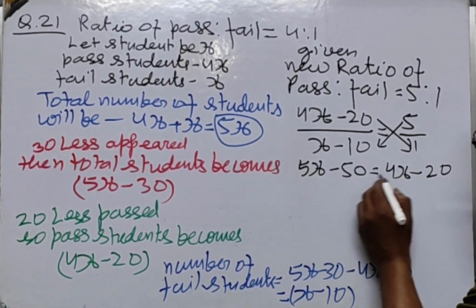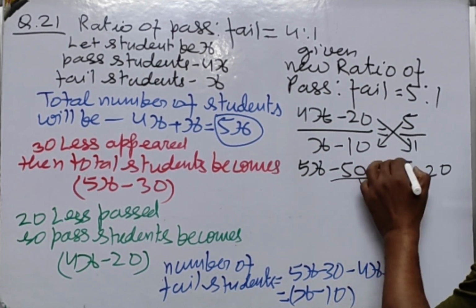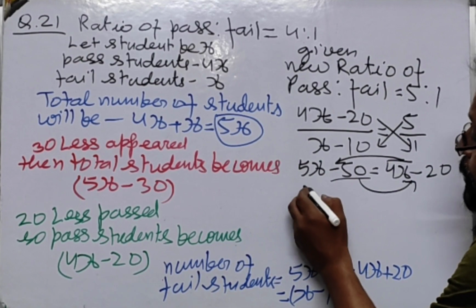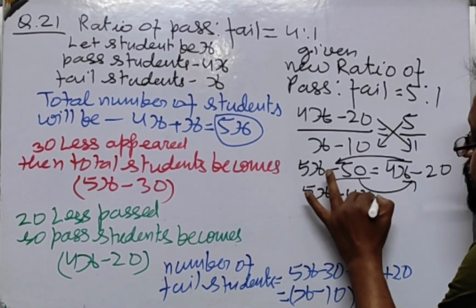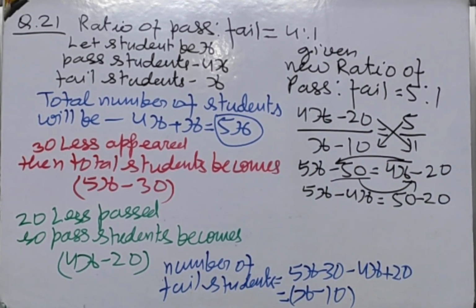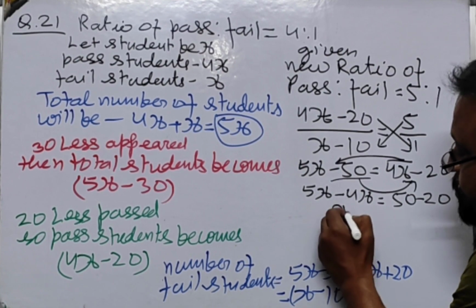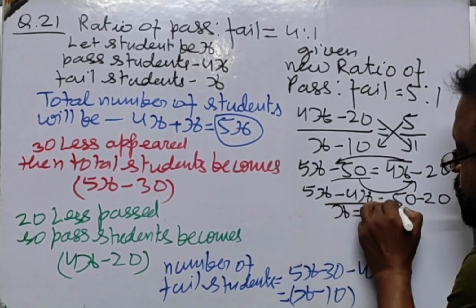Bring this 50 to the other side and 4x to this side. So you get 5x minus 4x is equal to 50 minus 20. So you get x is equal to 30, right?